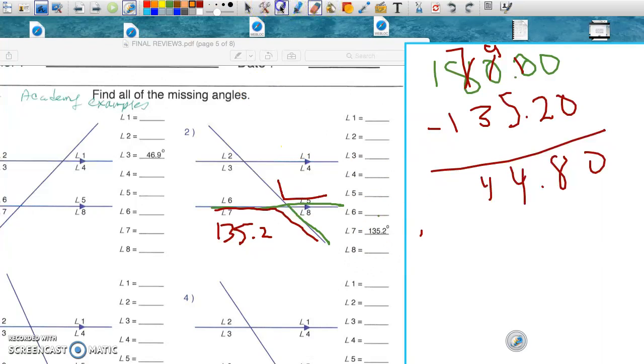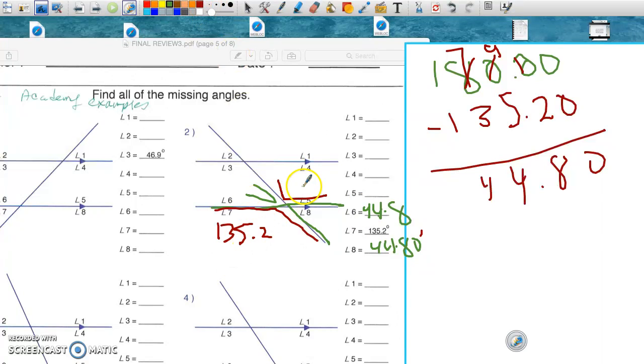Let's do that again. Okay. Angle 8 is going to be 44.8. There. Angle 8 corresponds to angle 6. There you go. So that's 44.8.